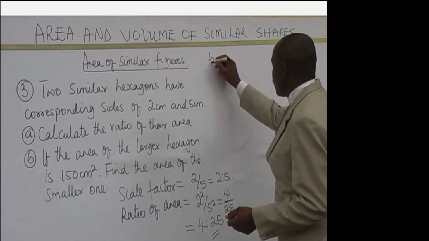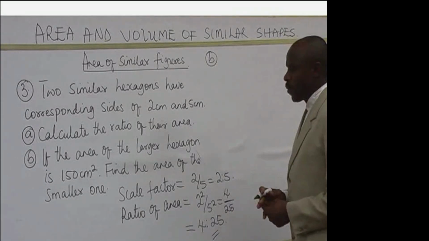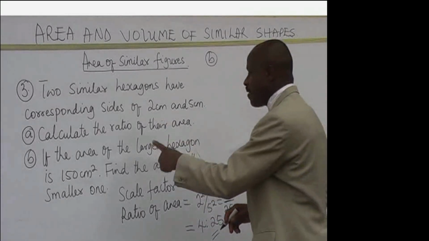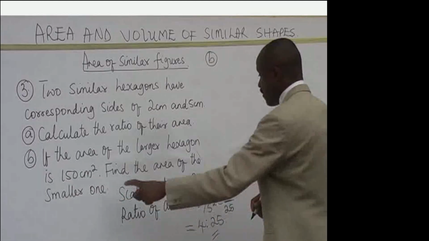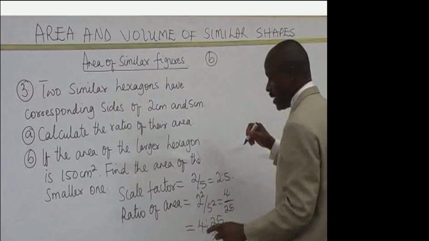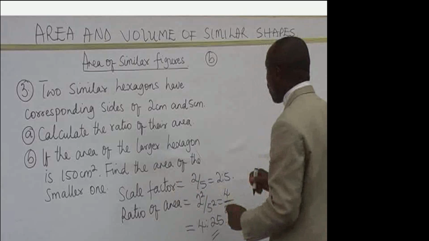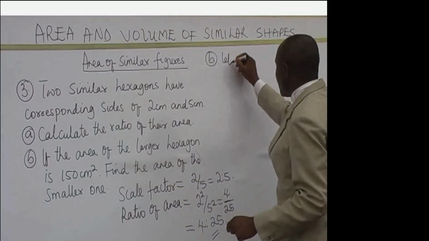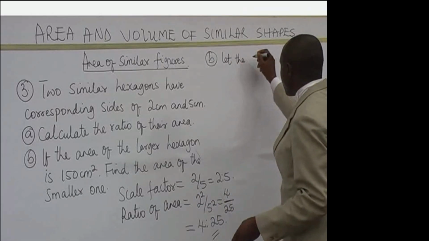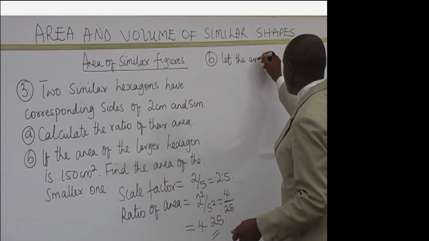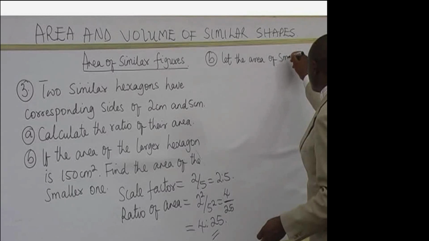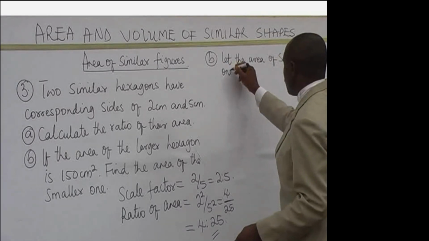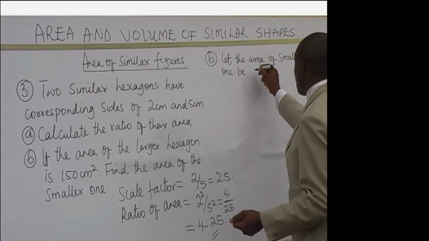Question number B said, if the area of the larger hexagon is this, find the area of the smaller one. Start by saying, let the area of the smaller one be represented with any letter.